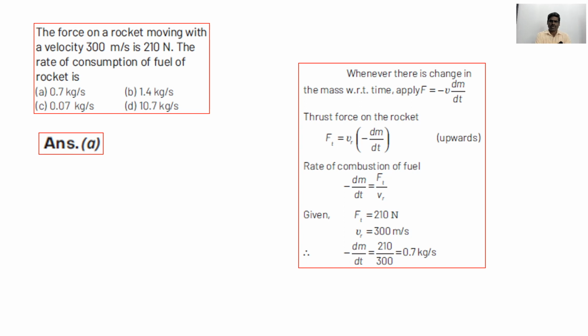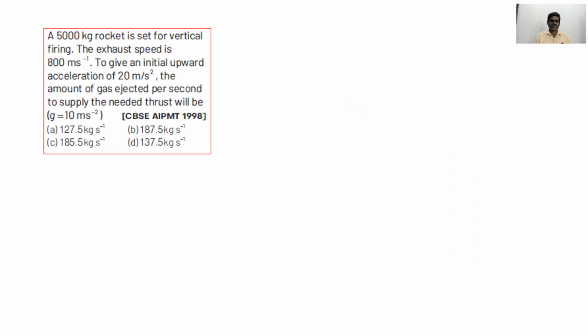Ft equal to 210 Newton is the given value, and velocity of the rocket Vr is given as 300 meter per second. Then minus dm by dt equal to F by V, that is 210 by 300. On simplification we will get 0.7 kilogram per second. That is option A. Next problem.